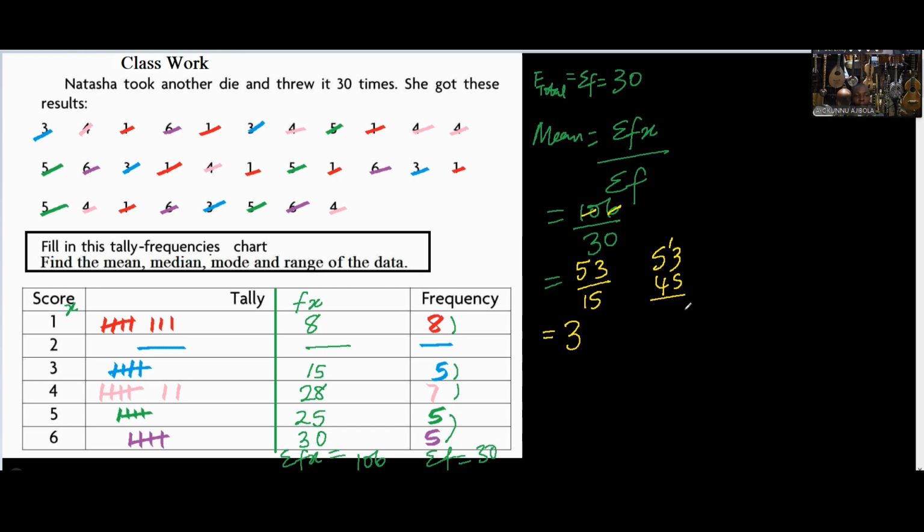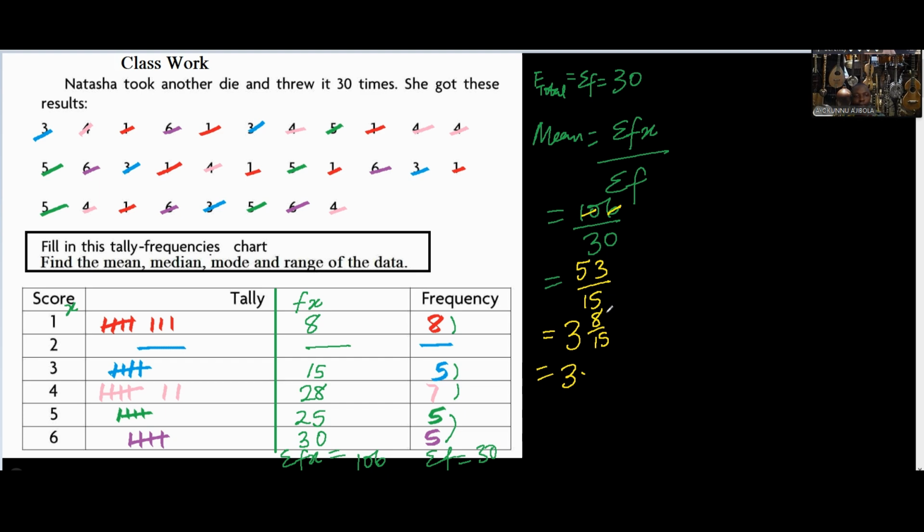Yeah, this is 8, right? Okay, I think it's 8. So that's 8 over 15. And this is going to be 3 point whatever it's going to give us.